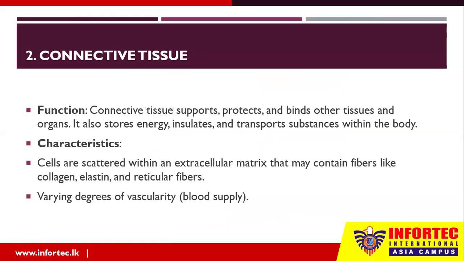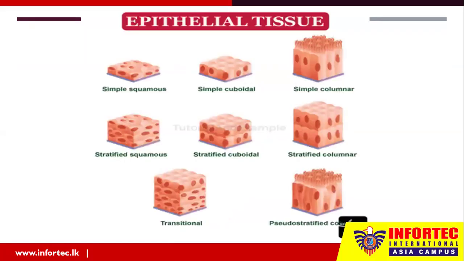Okay, as a quick tip, how can we memorize these epithelial tissues, right? If we are saying simple, if there is only a single layer, these single layers are mostly for functions such as absorption or secretion, right? If there is the term stratified, there are multiple layers, so it is mainly for protection, right?